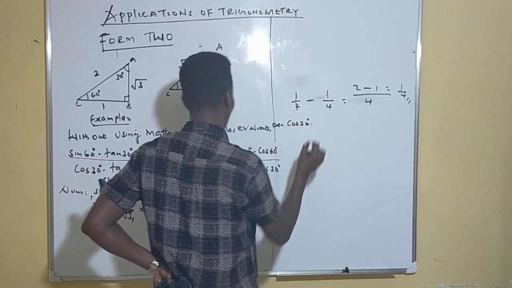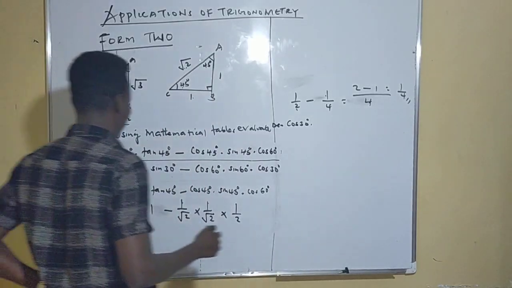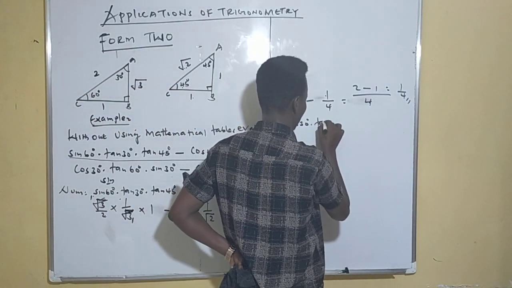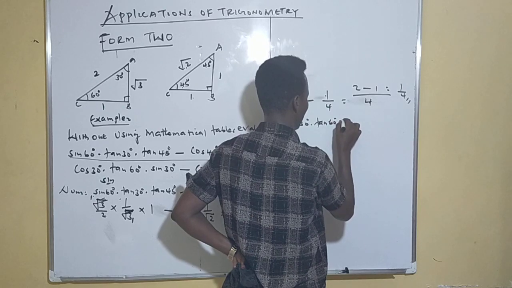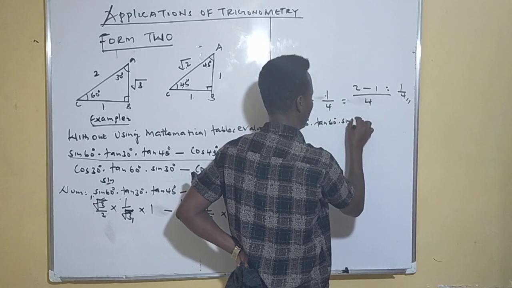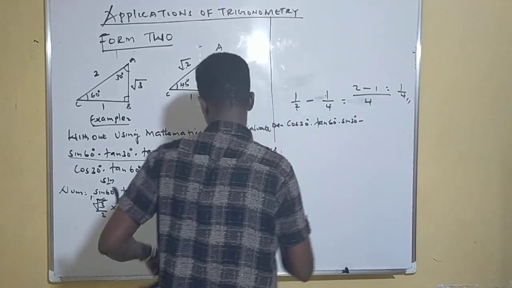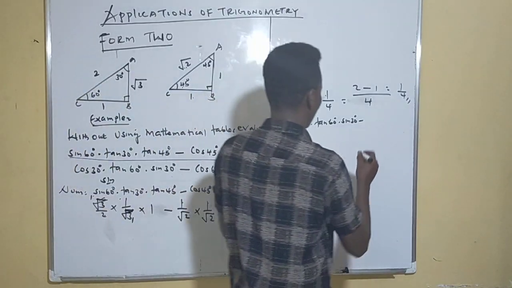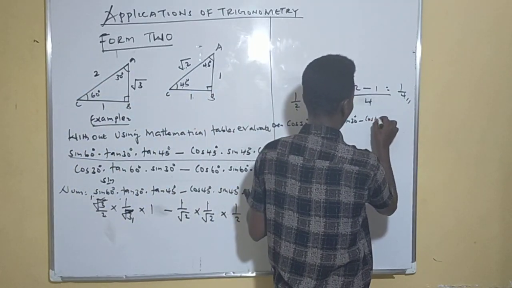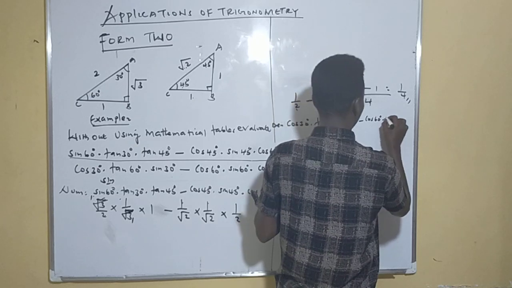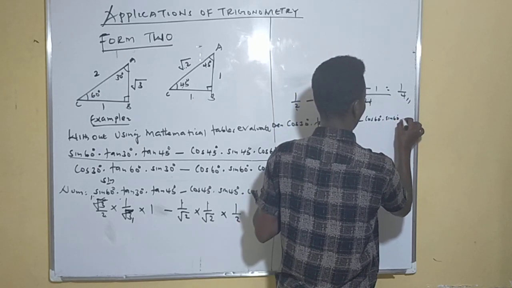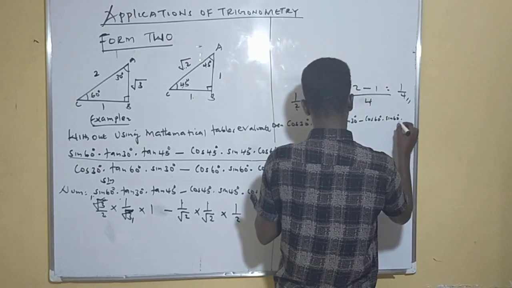Cos 30 degree dot tan 60 dot sin 30 minus cos 60 again dot sin 60 dot cos 30.